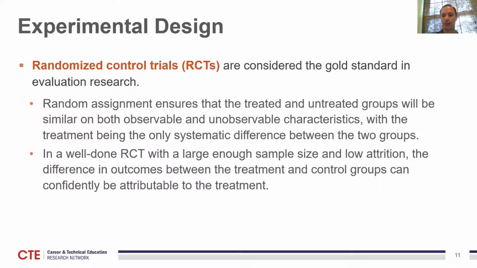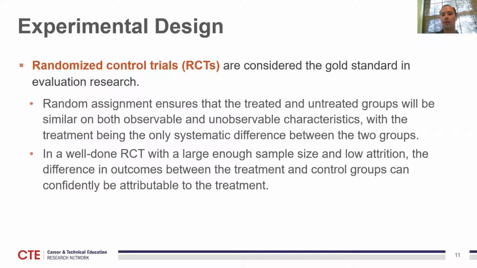So RCTs are experiments and are considered the gold standard in evaluation because the random assignment ensures that the treated and untreated groups are similar on both observable and unobservable characteristics, with treatment being the only systematic difference between them. Randomization just equates the groups on expectations for all observed and unobserved variables. They're the best designed to control for alternative explanations of differences between treatment and comparison groups.